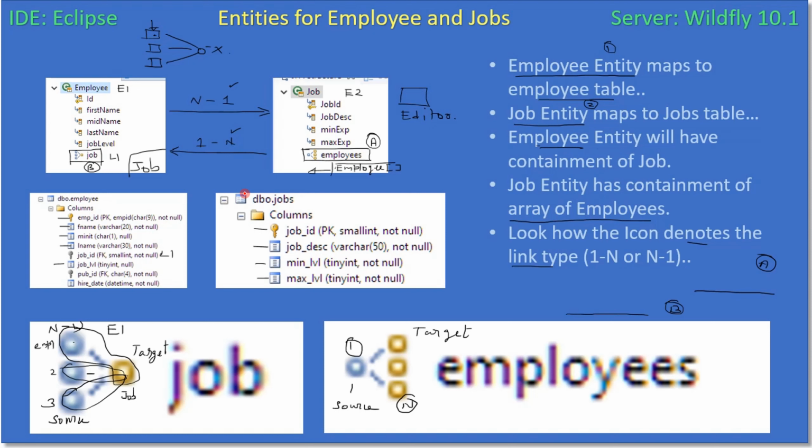We created two entities, employee and job, and marked them with the proper annotations, one-to-many and many-to-one. We also talked about how Eclipse displays the icon so that you can quickly know what type of join it was.